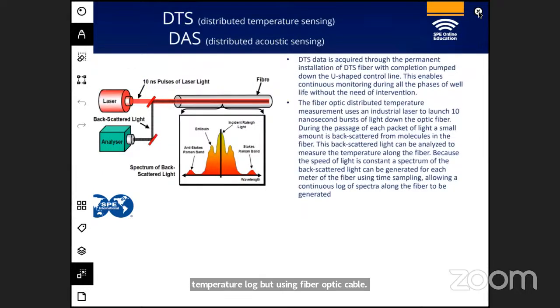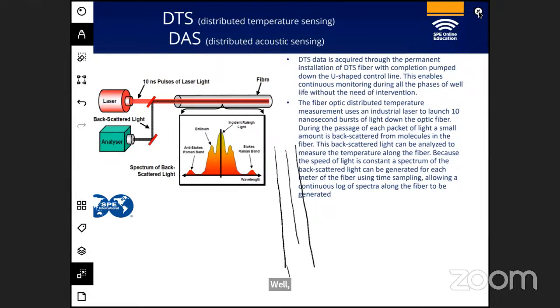So this slide describes the basic principle for DTS or DAS. Suppose this is the well bore. We run a fiber optic cable inside the well. In some completions, this fiber optic cable is strapped outside the pipe, and if it is not available, then we can run a fiber optic cable within the pipe.